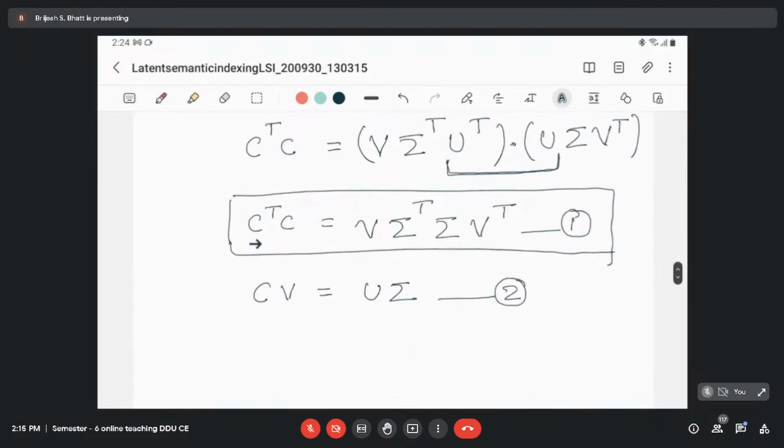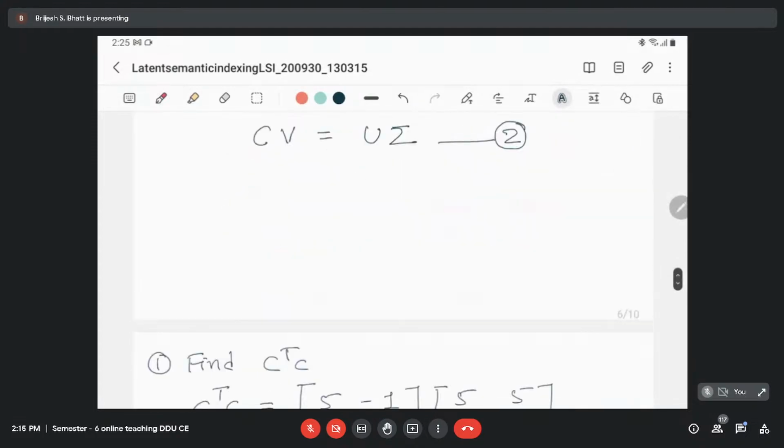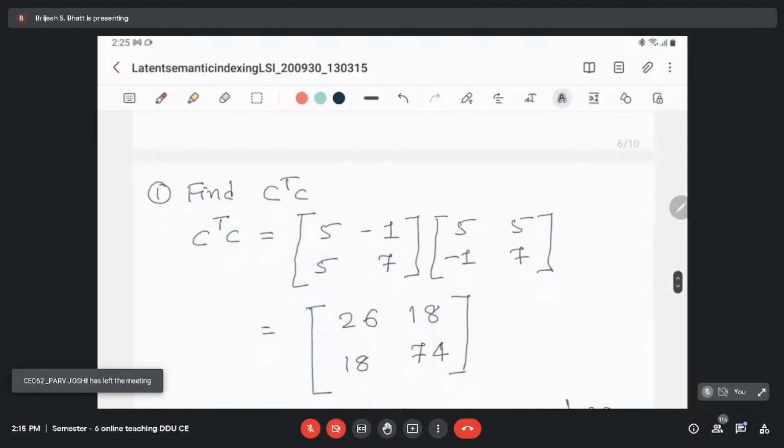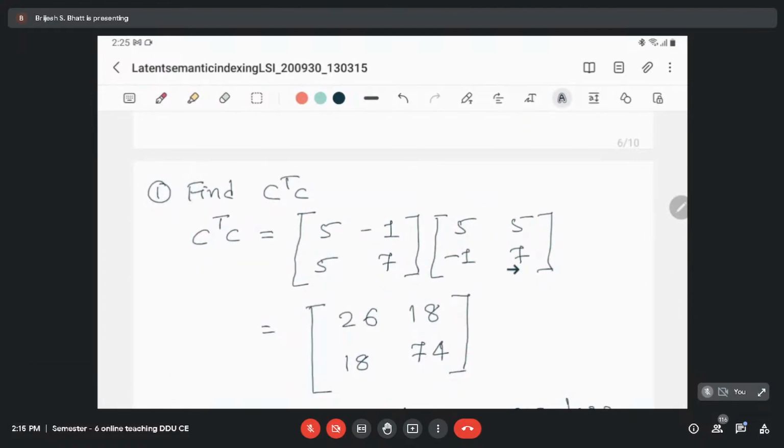The first thing is finding how to find this C transpose C. So let's try to find it. C is 5, 5, minus 1, 7. So C transpose is 5, minus 1, 5, 7. And C transpose C will be 26, 18, 18, 74.